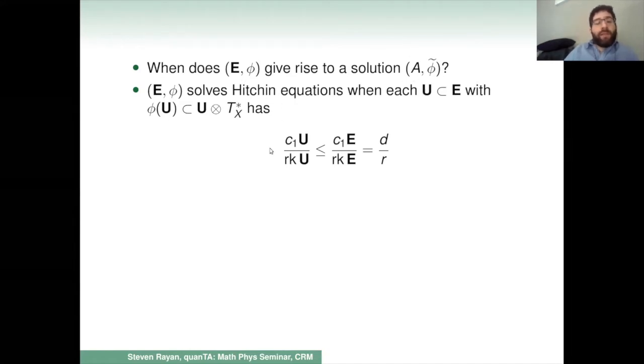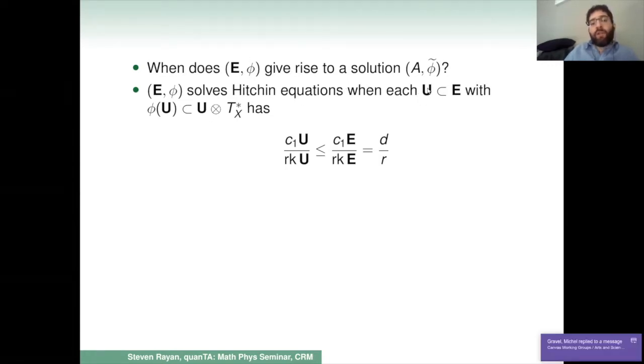Well, it turns out, a very big theorem here that I'm not going to do any justice to, is that a Higgs bundle solves the Hitchin equations when for each holomorphic subbundle of E, and I mean not the 0 subbundle and not the whole bundle itself, but every proper subbundle, that is invariant under the Higgs field, this means, if you like, roughly the same thing as in linear algebra.